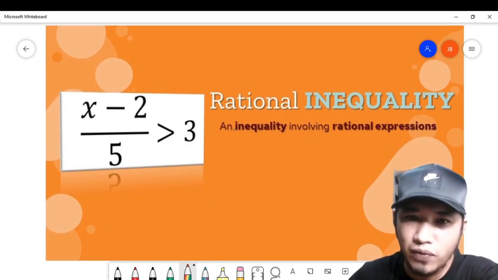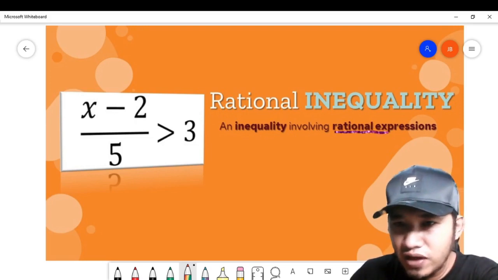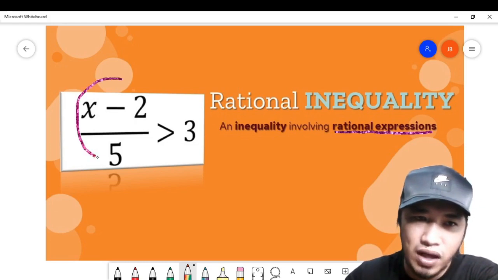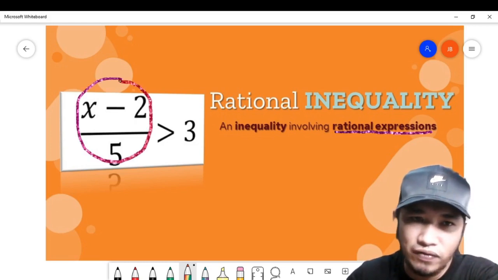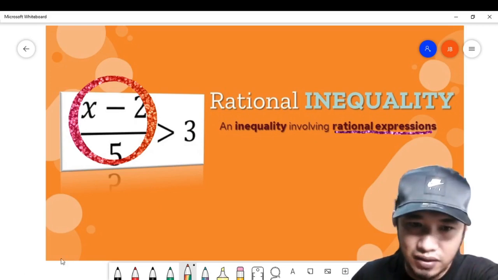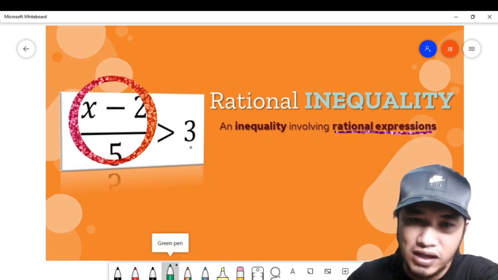Okay, rational inequality. An inequality involving rational expressions. Take note again, involving rational expressions. So again, we have two rational expressions. Why two? One is x minus 2 all over 5. Second is 3.